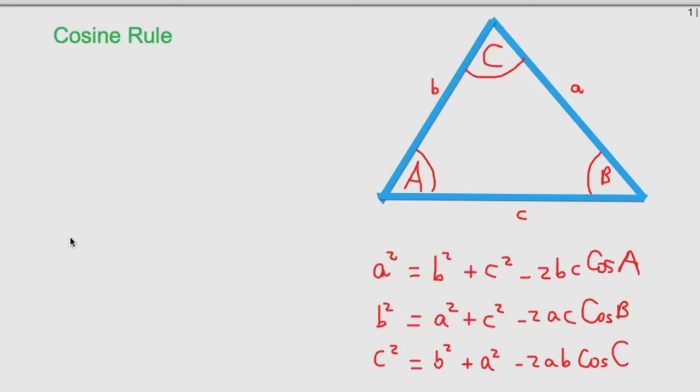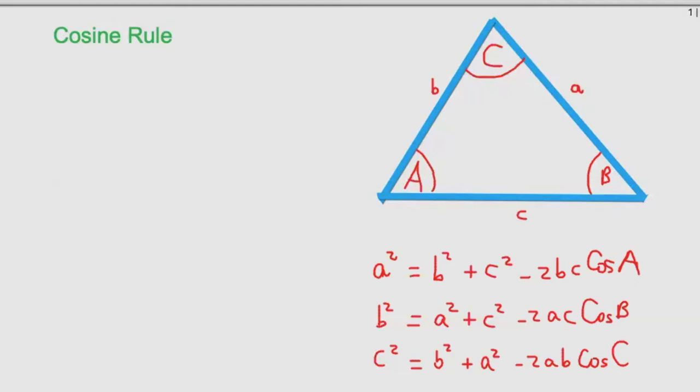Now, looking at this, we have the angles A, B, and C. We also have the sides, small c, small a, and small b. Just remember the sides are named based on the angle that they face.